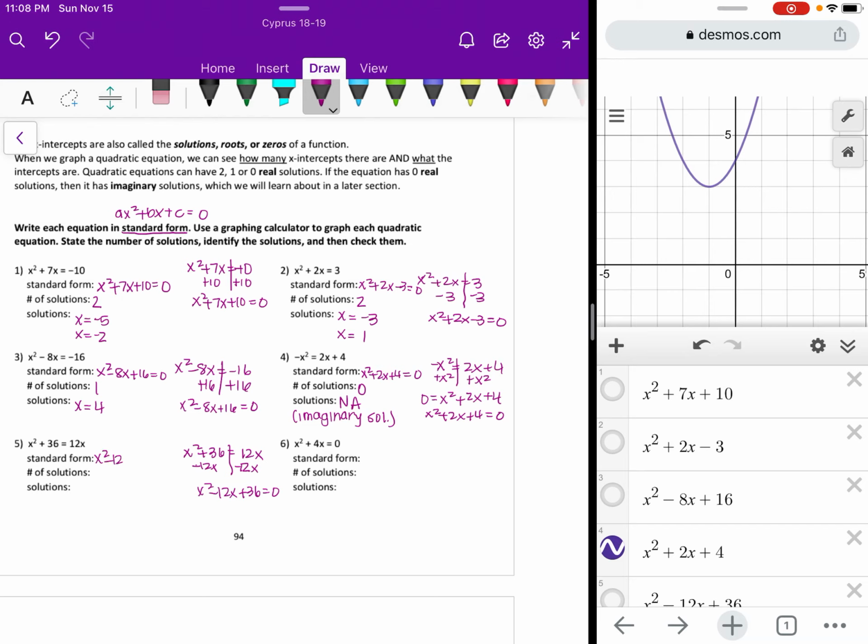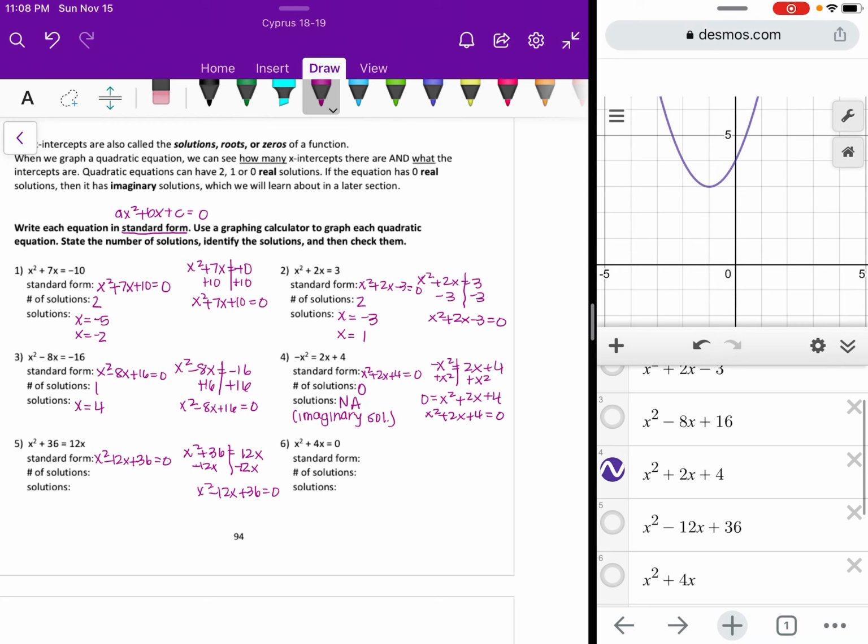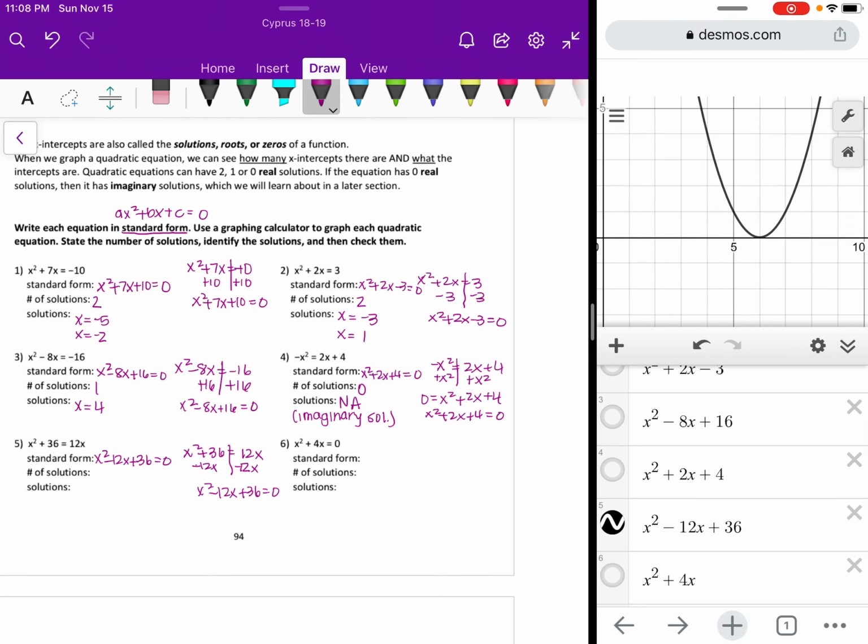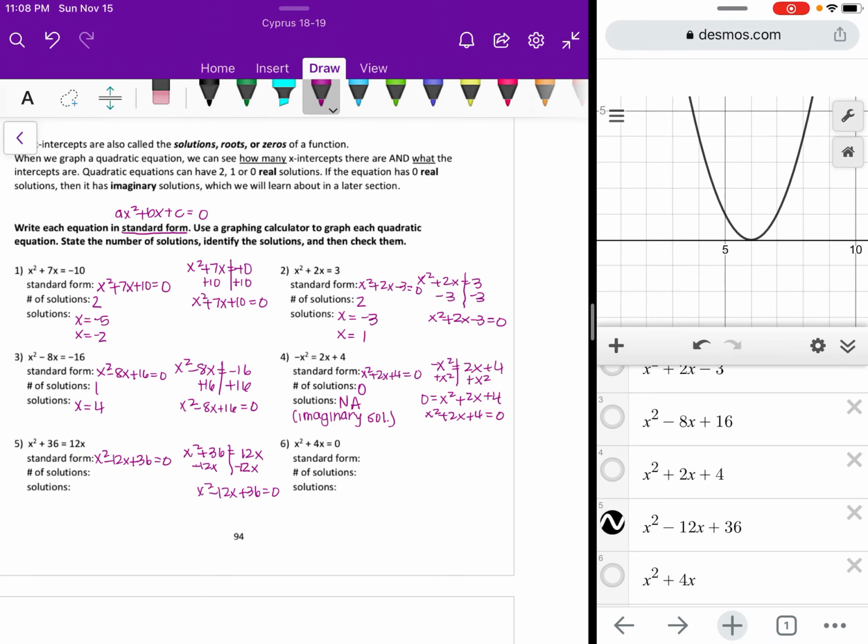So my standard form is actually x squared minus 12x plus 36 equals 0. Over here on Desmos, this is another one where the parabola just touches the x-axis once, and the point where it touches the x-axis is 6, 0. So this has one solution, and it is x equals 6.